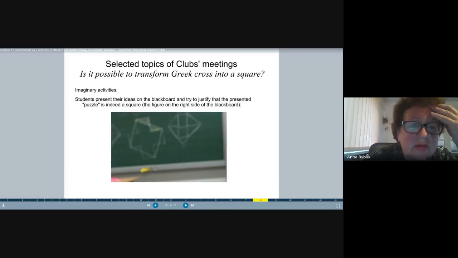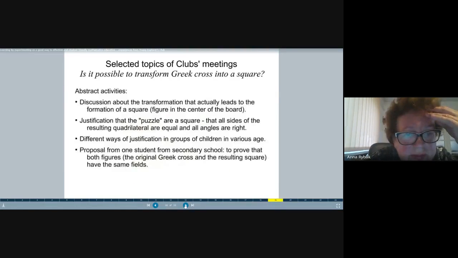So we started to draw. These are imaginary activities. We made drawings, and here there is the solution, but I had to give some hint for them. Okay, and the next, please.